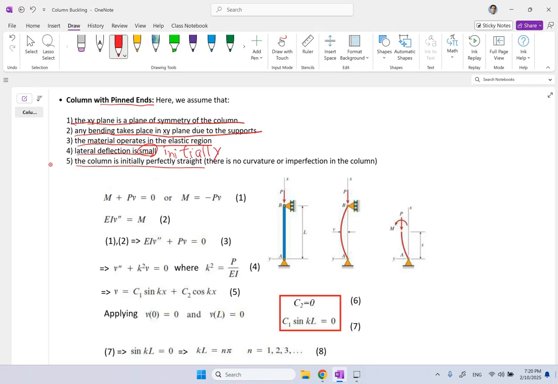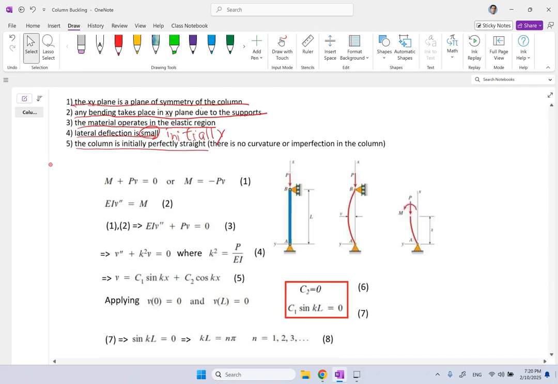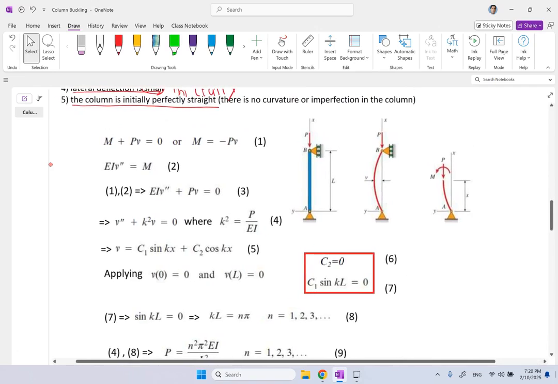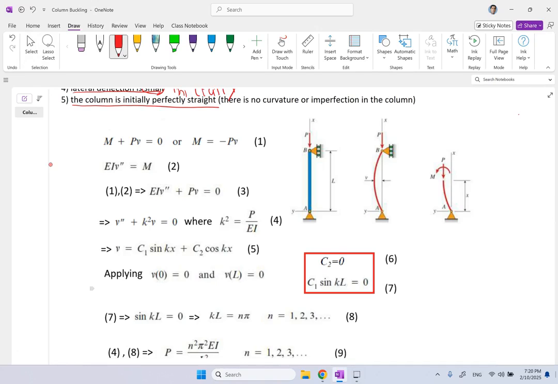So now, how do we find any formula for this? Well, to do that, we are going to use the formulas we learned for bending of the beams, lateral deflection. And this lateral deflection of the beam after the buckling starts, I'm going to call it V, just like the beams.